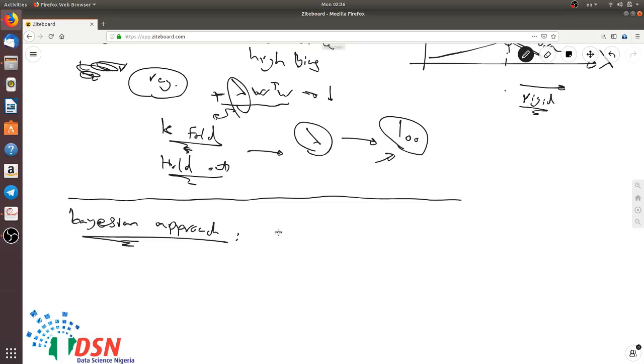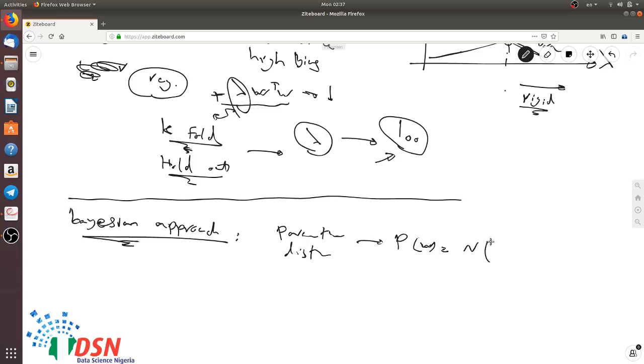So, as we mentioned, in the Bayesian approach, for the parameters, we just put a prior on the weight vector of parameters.